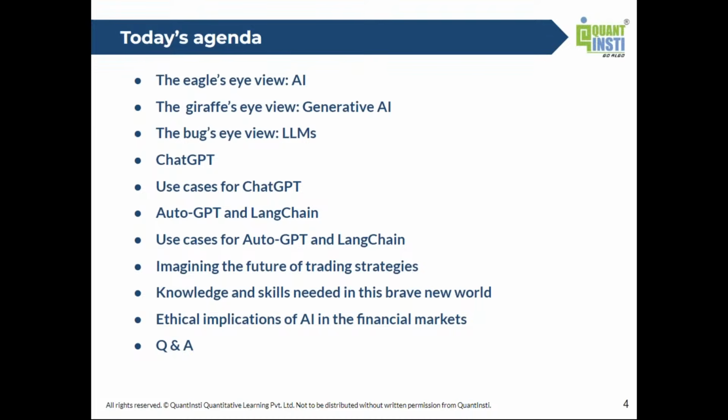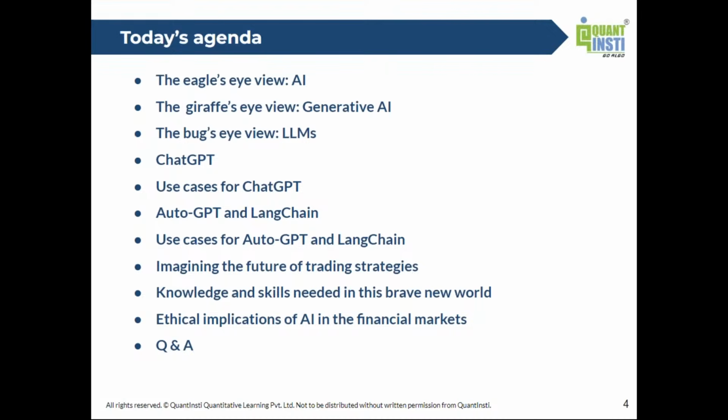I also want to move slightly beyond ChatGPT to talk about two other pretty exciting tools out there. One of them is called Auto-GPT and the other is called LangChain. We'll have a brief glimpse at both of these and what they help us do in terms of going slightly beyond what ChatGPT can do for us.